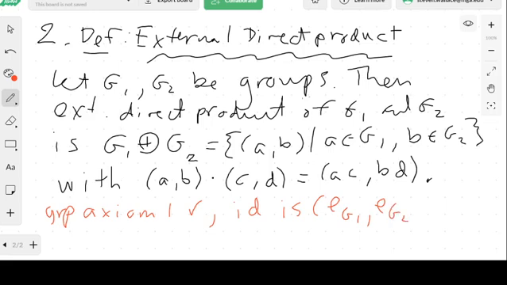And inverses, well, it's pretty clear: (a inverse, b inverse). Okay. So all the group axioms work out.